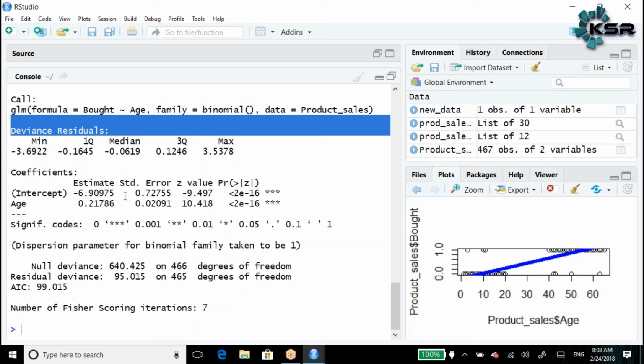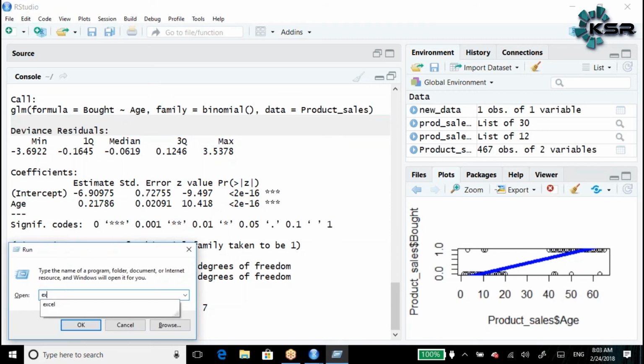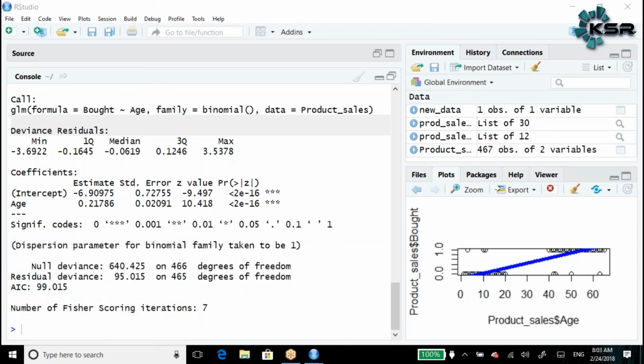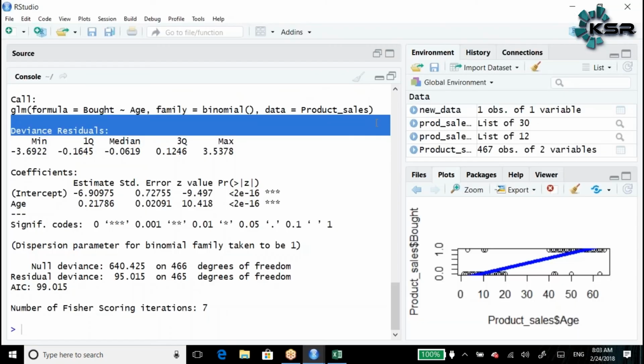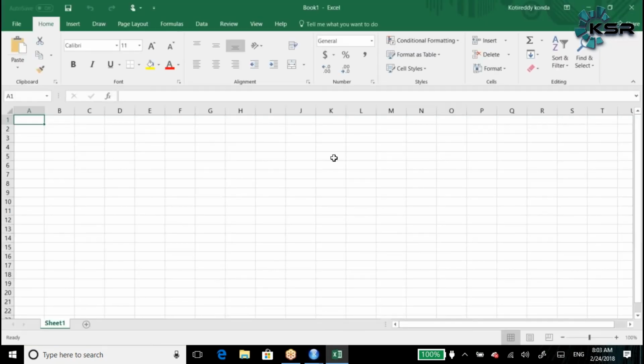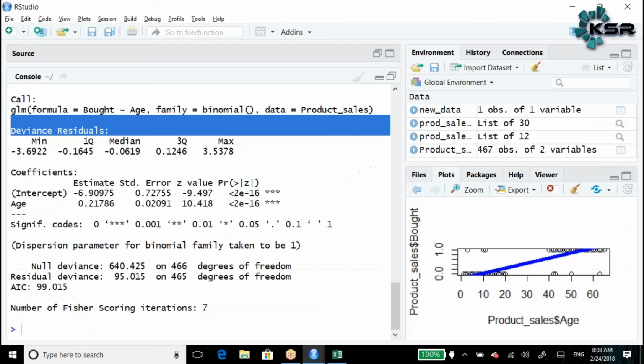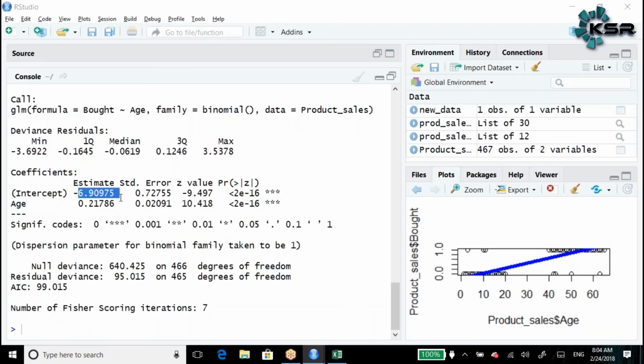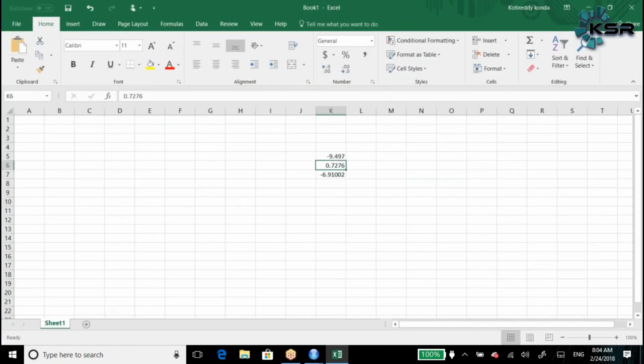Even if you multiply this one also, see, I will explain this one thing. The first one is minus 9.497. The second one is 0.7275. So simply we multiply this thing. This is 6.9075. I had taken it wrong.